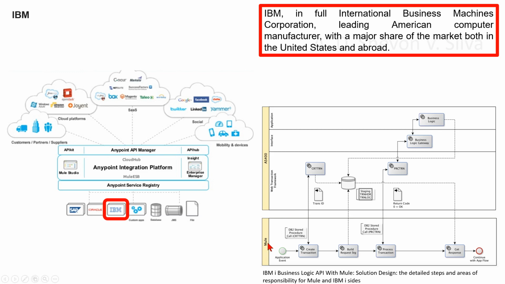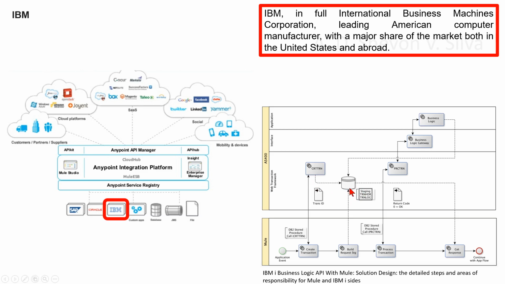Here you can see Mule and AS400. Here the application event is connected to create transaction. Create transaction is connected to build request. Here the create transaction interacts with CRTTRN via a DB2 stored procedure called CRTTRN, and CRTTRN is connected to staging.